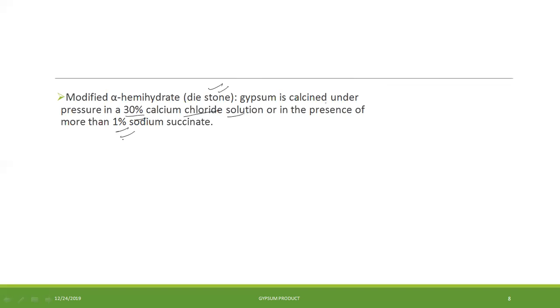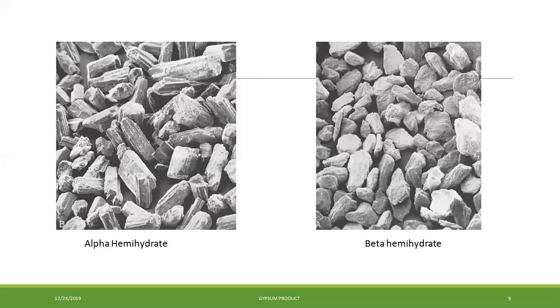After controlled grinding, these powders have an even higher apparent density and yield a stronger set. Microscopically, they are cuboidal in shape. This is alpha hemihydrate and this is beta hemihydrate.